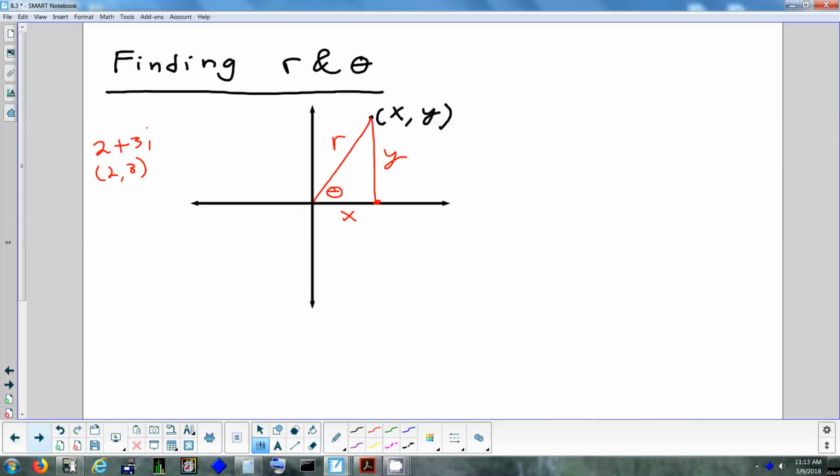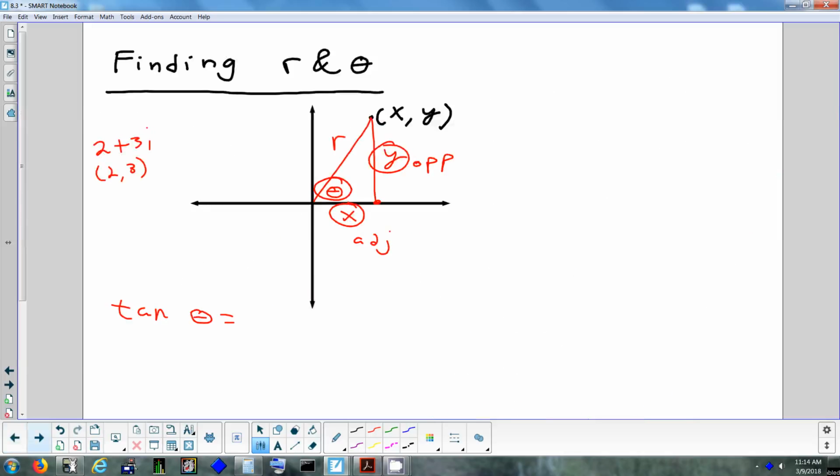The other thing you need is theta. Well, if you want to know theta, and you know x and you know y, you can use a trig function. What trig function would involve opposite and adjacent? Tangent.